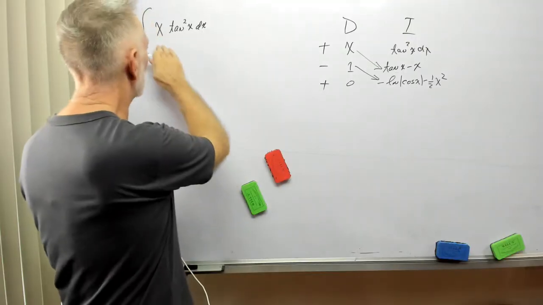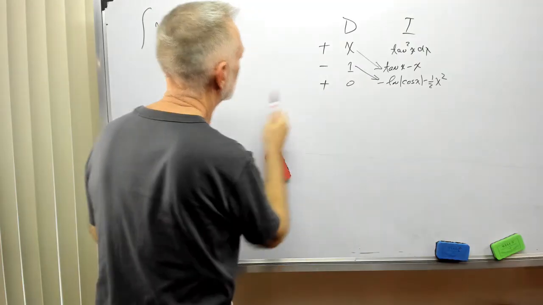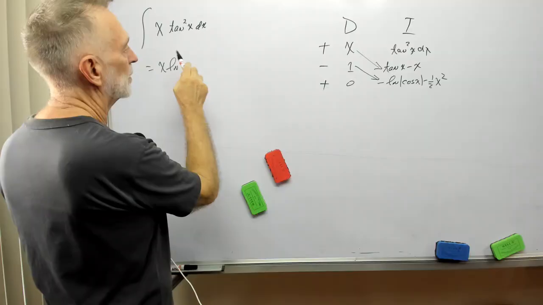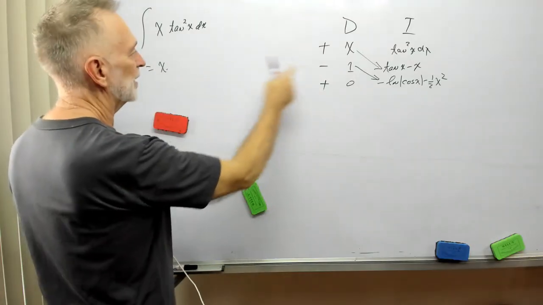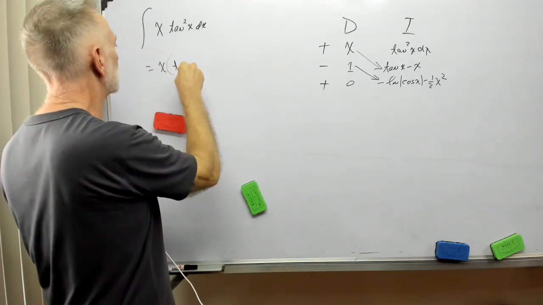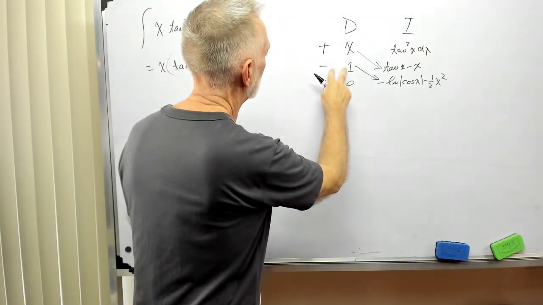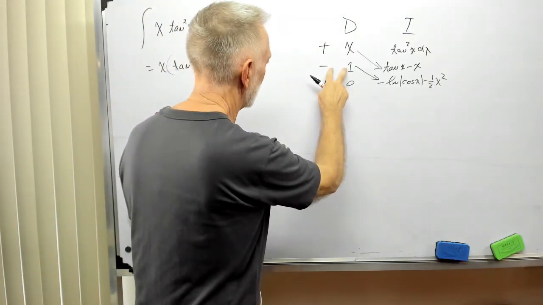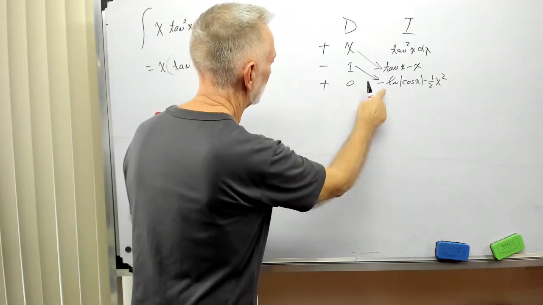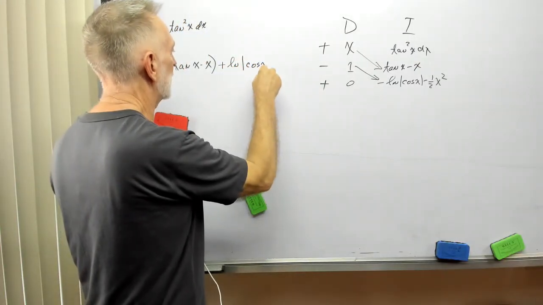This integral equals positive times positive times positive, which is positive, so that's x tangent x minus, and then minus times positive is negative, times negative. We'll do these one at a time here. Negative times negative is a positive, so plus natural log cosine x.